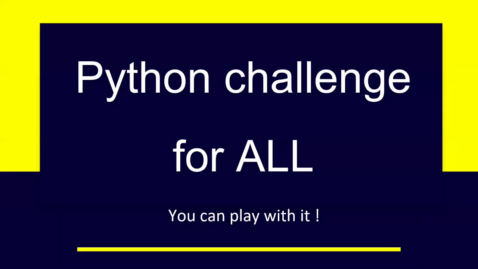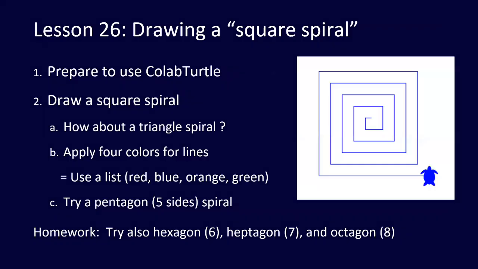Okay, let's see where we were last time. So we started to draw some interesting shapes. First we drew a square spiral, which looks something like this.